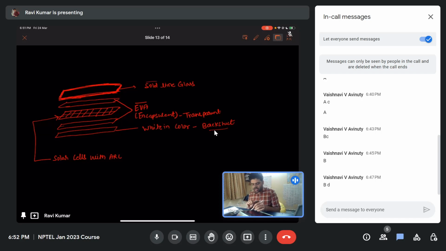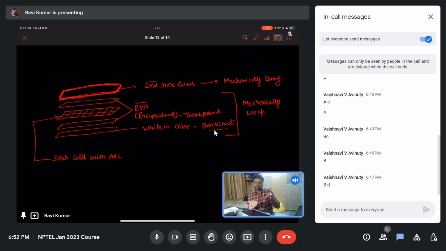So here, all of these things are mechanically weak, and this is mechanically strong. So the strength given to a module is given by soda lime glass.